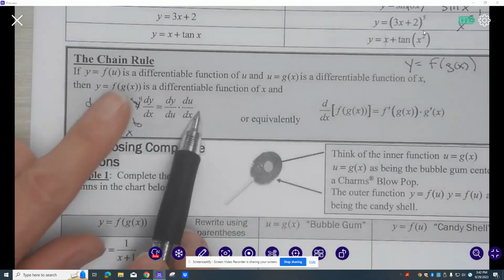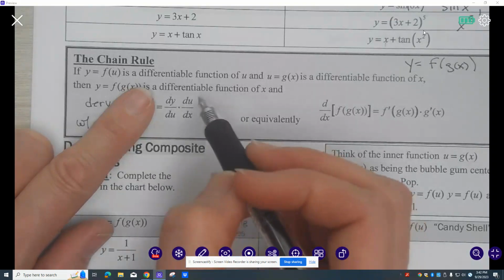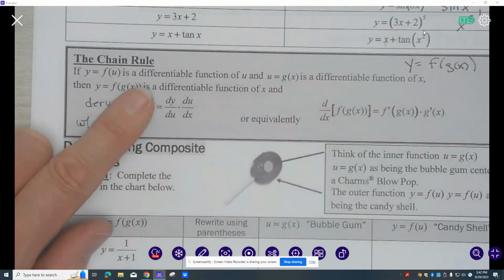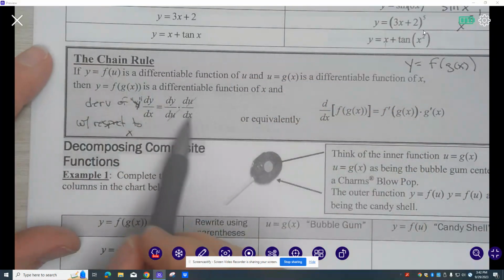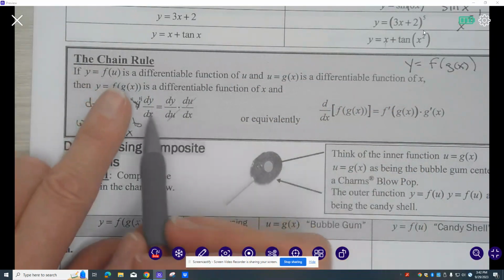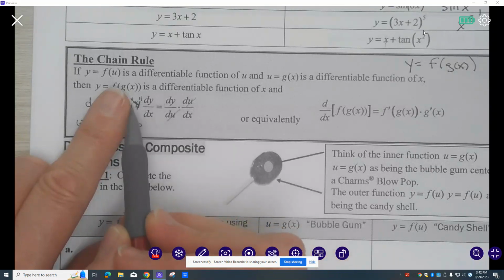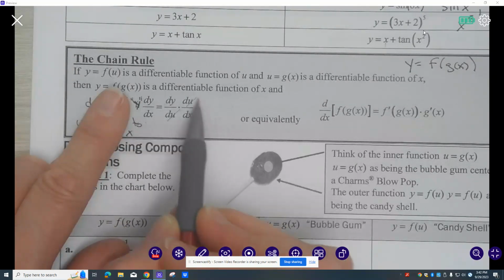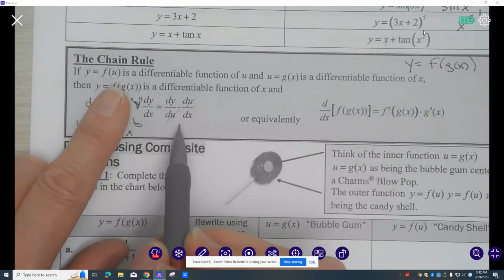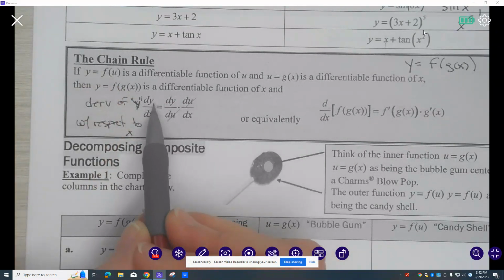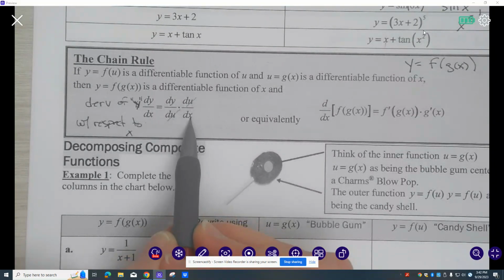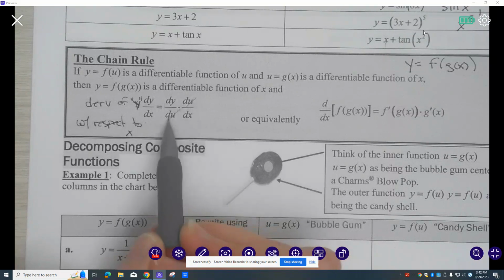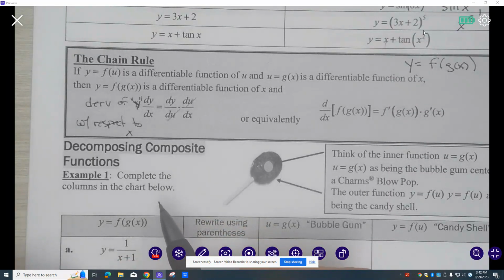Now if you notice this side, these du's would cancel out. So this is equal to dy dx. This is actually an important thing that you will use to solve problems. So dy dx is equal to dy du times du dx. These two matching are what you want to pay attention to.